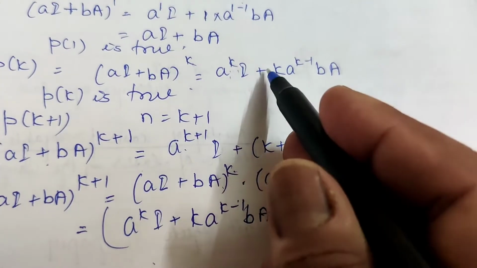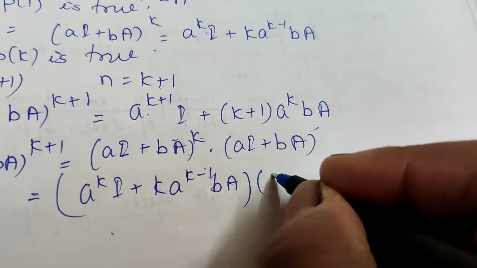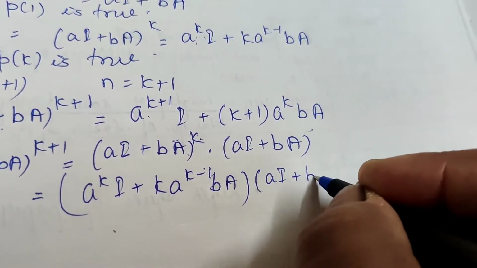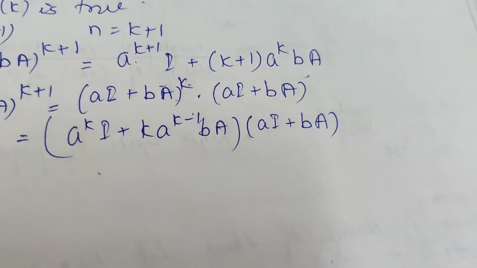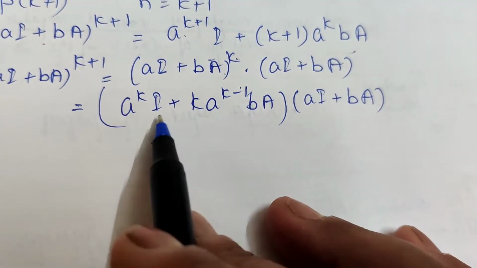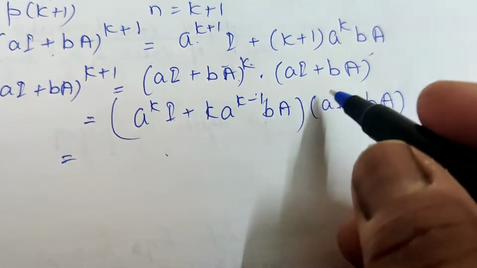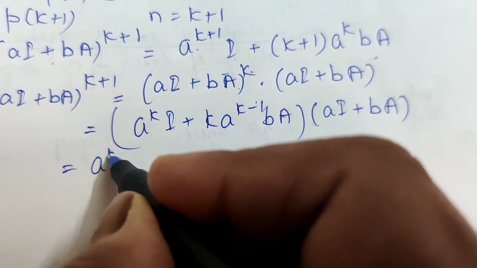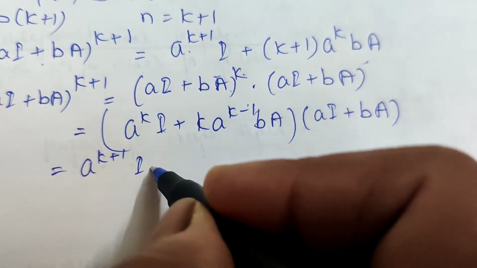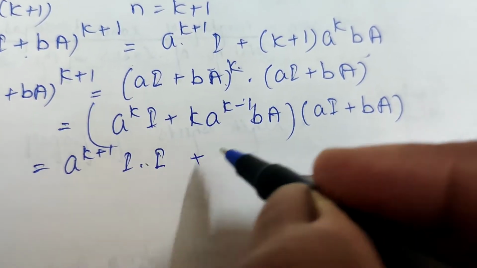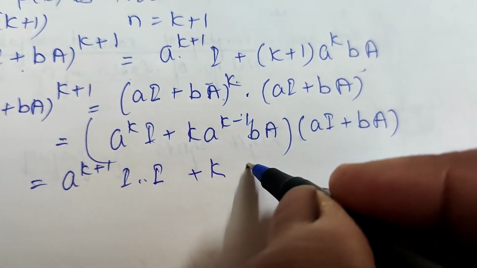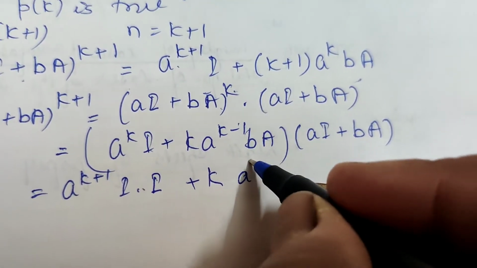We can write from here and multiply by aI plus bA. Simple product of binomial to a binomial. If we multiply first term to first term, you will get a^(k+1) I into I.